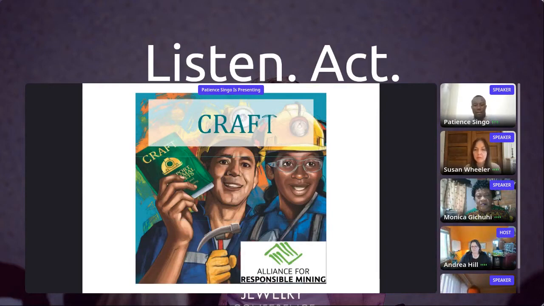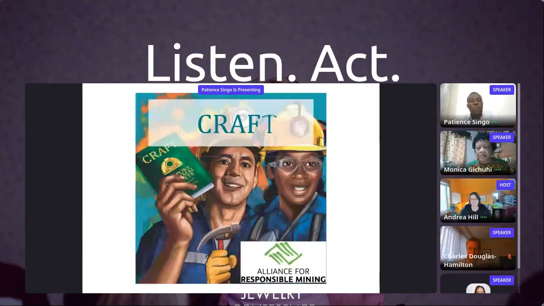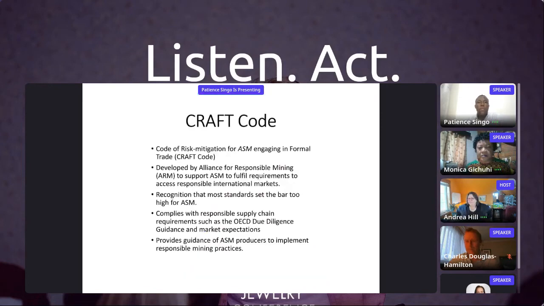All right. I'll give a short presentation on the craft code. This is a code for compliance and access to formal markets, which was developed by the Alliance for Responsible Mining, ARM, in conjunction with a variety of stakeholders. So what exactly is the craft code? As I said, CRAFT stands for a code for risk mitigation for ASM engaging in formal trade.